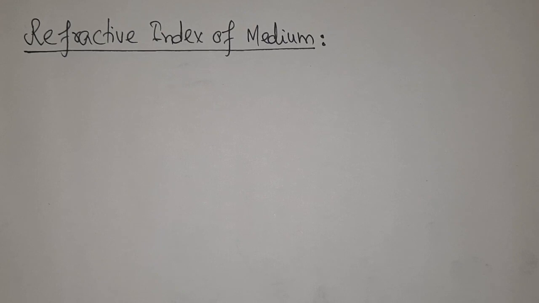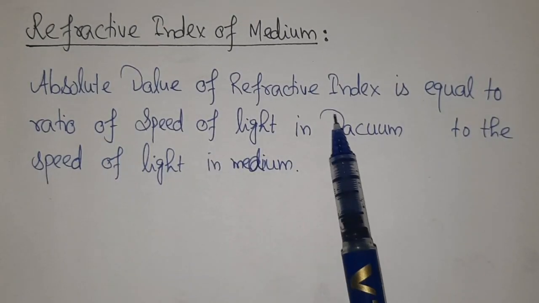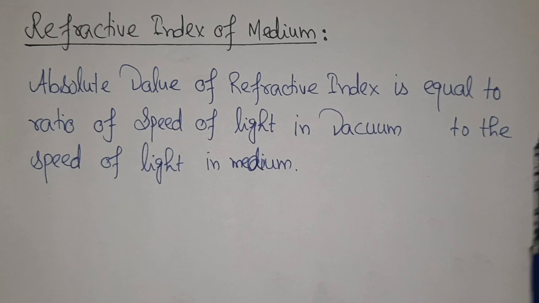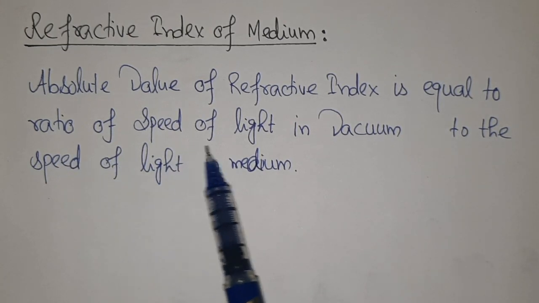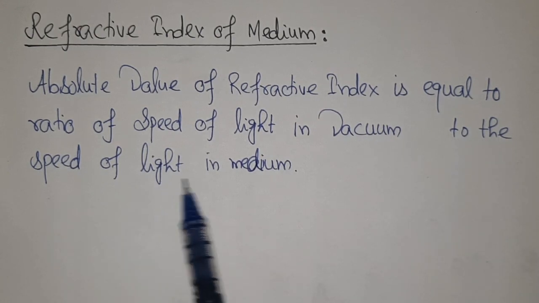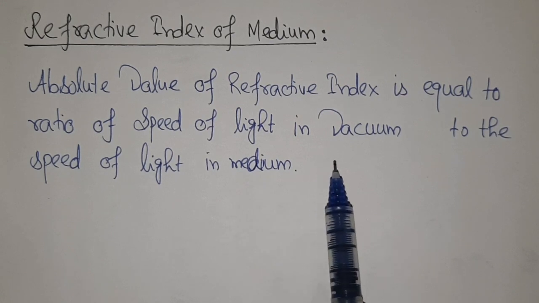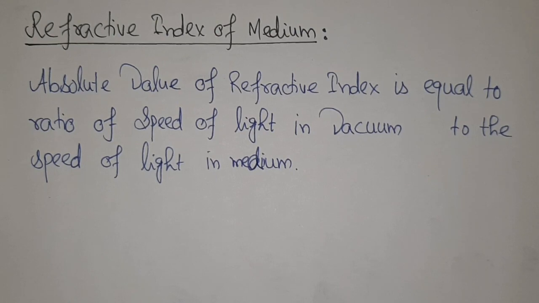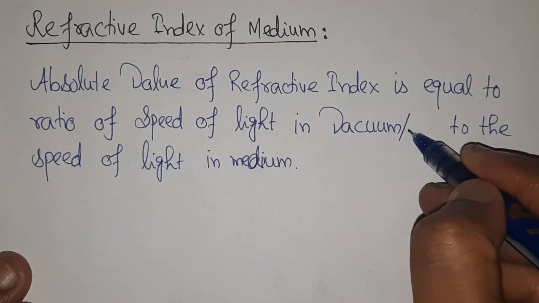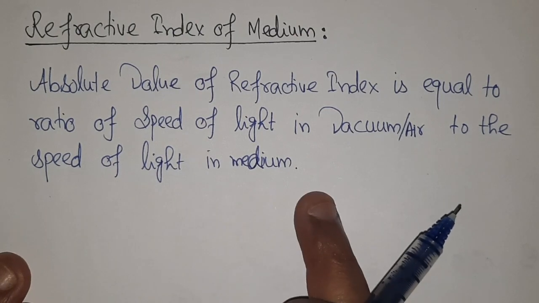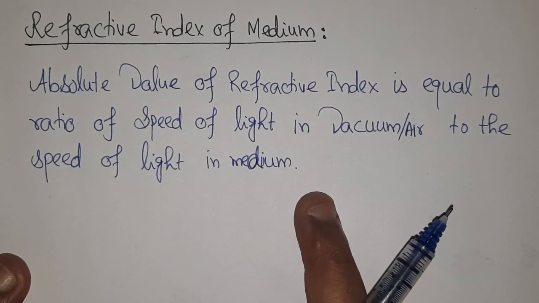Now, the absolute value of refractive index of any medium is equal to the ratio of speed of light in vacuum to the speed of light in medium. अब देखो, vacuum we can't have everywhere, है ना, तो वैक्यूम के साथ हम थोड़ा सा अप्रोक्सीमेशन करके एयर भी लगा देते हैं, नो प्रॉब्लम। Speed of light in air to the speed of light in medium, it's okay.